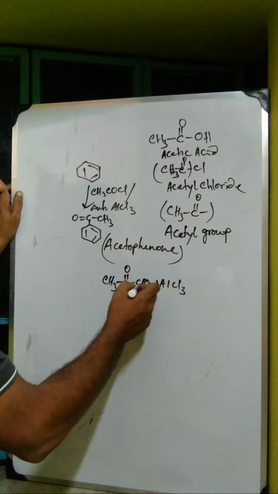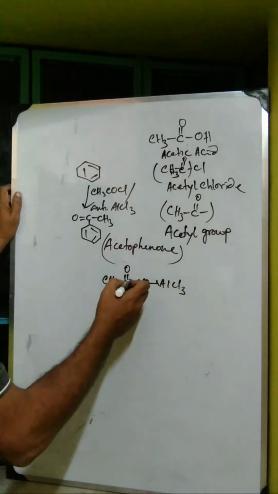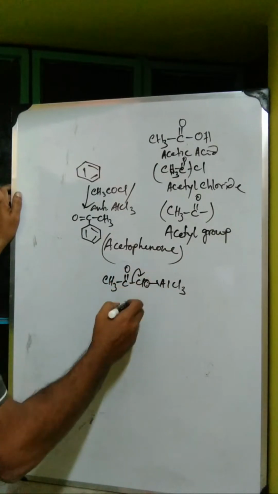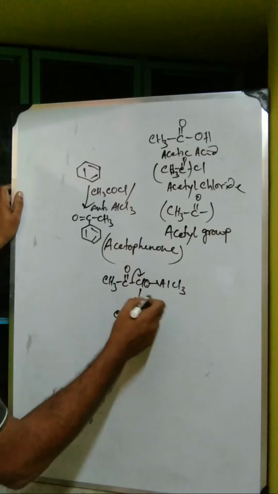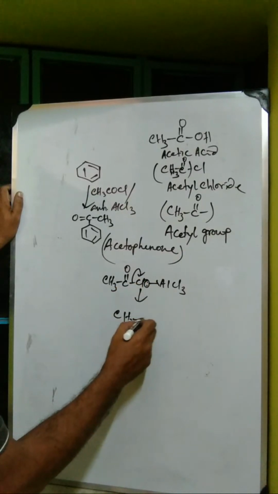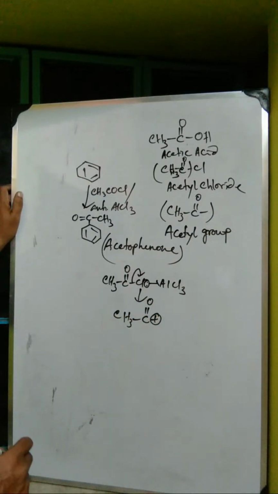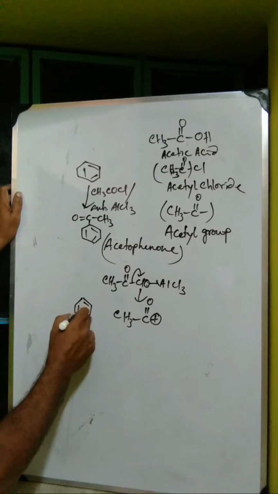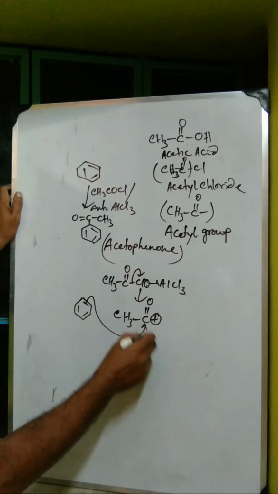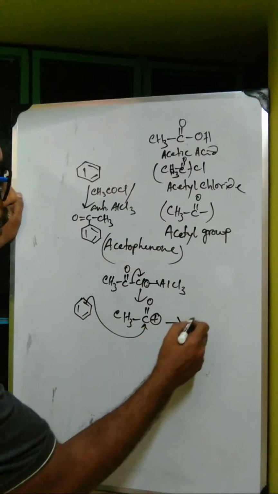Now when a bond is formed here, chlorine cannot make two bonds at once, so that bond has to be broken to form an electrophile. When the bond comes out from this carbon, CH3C double bond O plus, this electrophile is formed. Okay, now benzene comes and attacks this carbon, this electrophilic center, to form the compound.